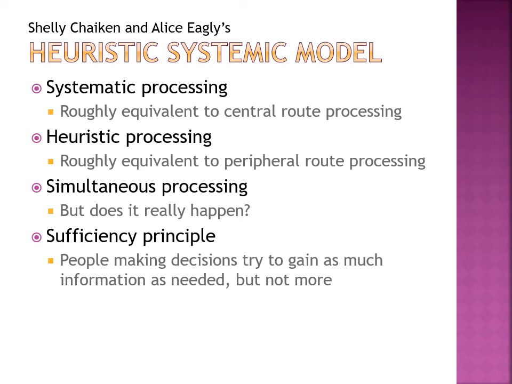So even if you pick Chaiken and Eagly's heuristic systematic model, that doesn't mean that you have to use everything in the entire theory. With something like this model, you might be able to do that. But you don't necessarily need to do it.